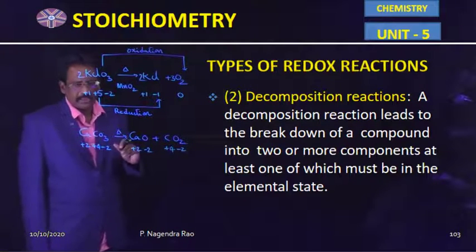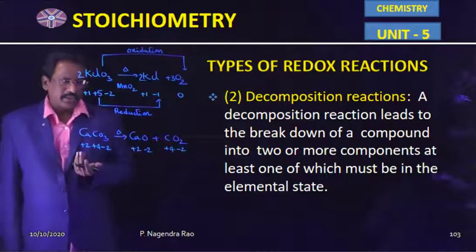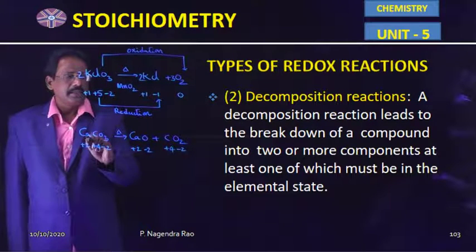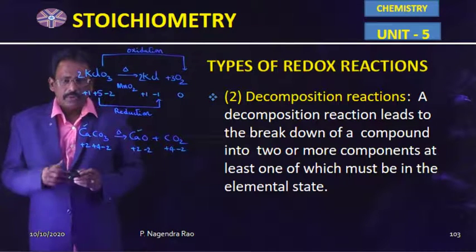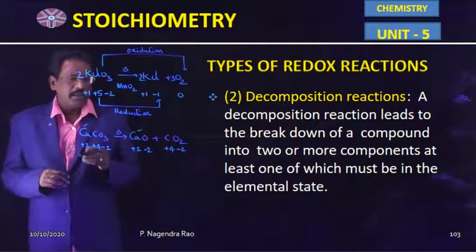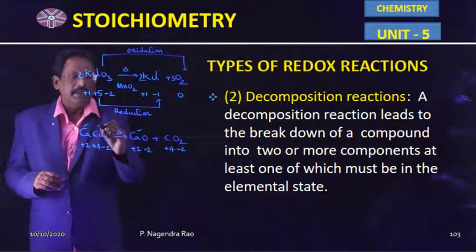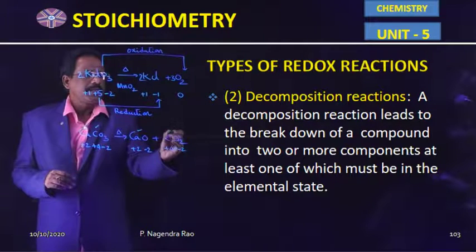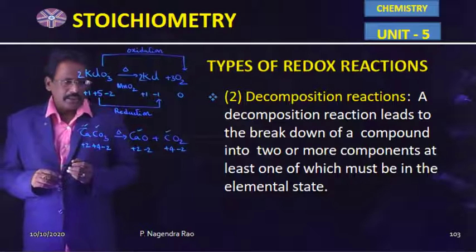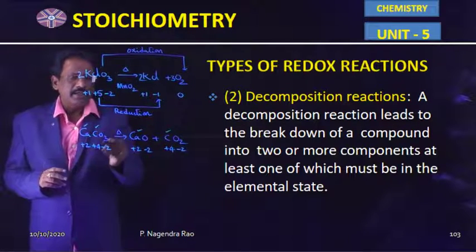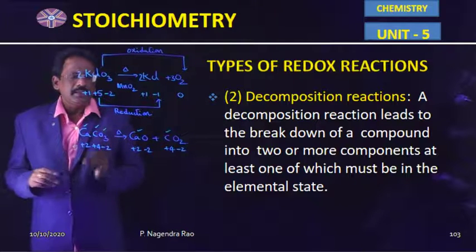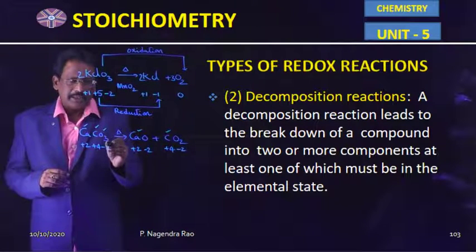Now compare the oxidation states of similar elements. Calcium +2 and +2, neither oxidation nor reduction. Carbon +4, no change in the oxidation number value in the case of carbon. Similarly, in the oxygen, oxidation state is -2.